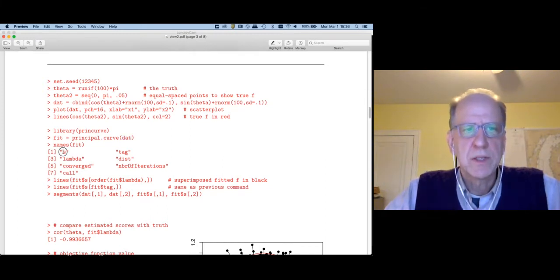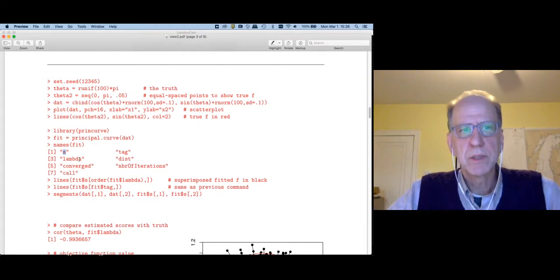So S is going to be an n by p matrix giving the coordinates of the curve. Now, the tag variable gives the order along the curve. So it will sequence our n observations along the curve.